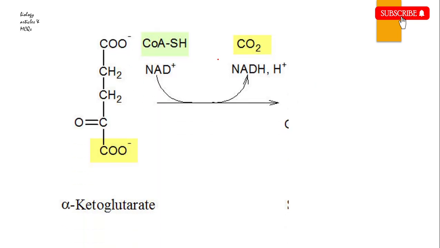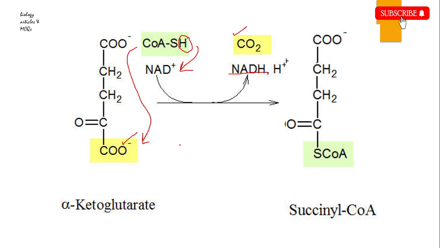Now the alpha ketoglutarate will again lose carbon dioxide from the first carbon. Here is the removal of the carbon dioxide molecule. But along with the removal of carbon dioxide from carbon number 1, there will also be the addition of a CoA molecule on carbon number 1. Previously we have studied that CoA only will attach to the molecule and not the hydrogen ion. So this hydrogen ion will be received by NAD positive, converting it into NADH.